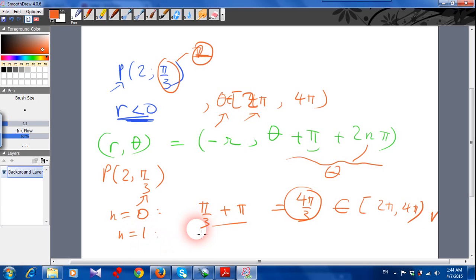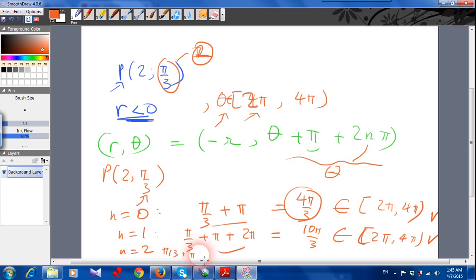Now n is 1, and we have 10π/3, which belongs to 2π to 4π. It's good. How about n is 2? We have 16π/3, and yes, it's larger than 4π, so we don't use it.